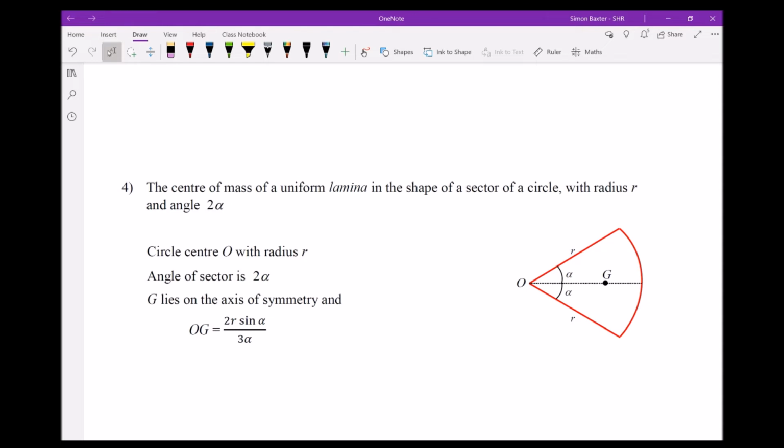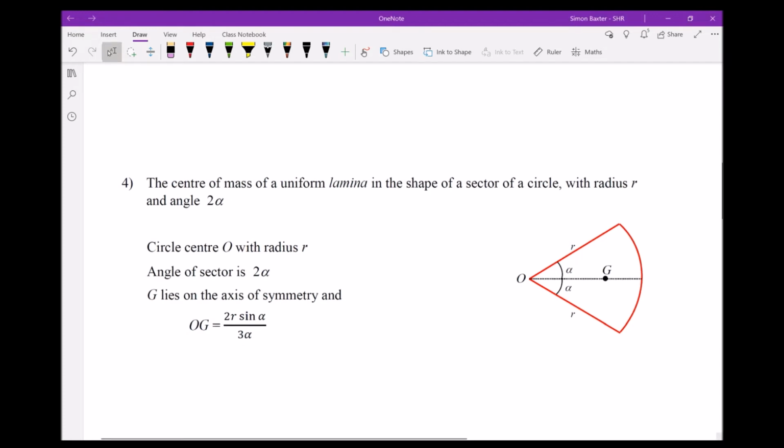The length of OG, where G is the center of mass, is given by 2R sine alpha over 3 alpha. This formula, if you carry on to M3, you will learn how to prove. But for the moment, we shall just assume that it is true.